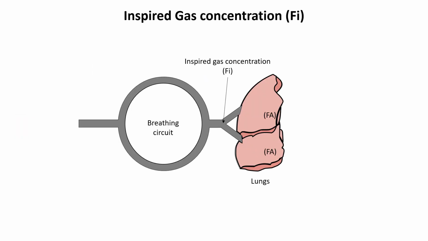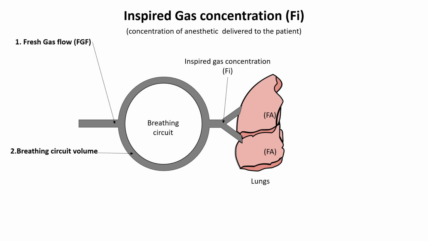The inspired gas concentration refers to the concentration of the anesthetic or any gas in the gas mixture that is delivered to the patient's airways. The concentration of anesthetics in inspired gas depends on the fresh gas flow, breathing circuit volume, circuit absorption and rebreathing.